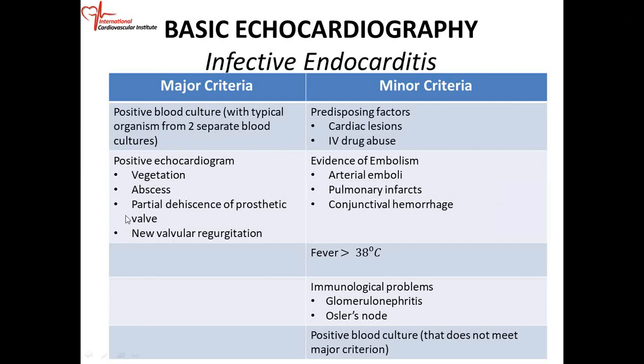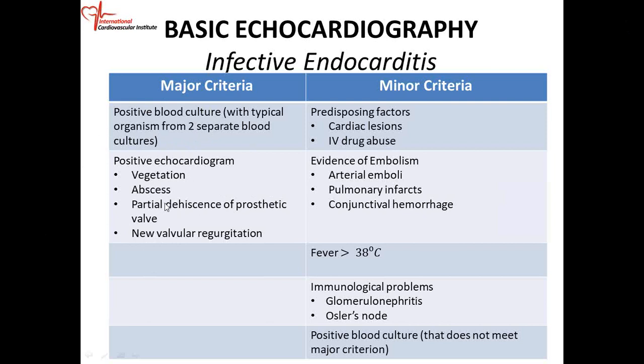And then the echo features, because of the definitions and infected material in the heart. So you look inside the heart, and the most common location is on the valves. So you can see vegetation, infected material building up on the valves, or the infection may eat away the tissue, causing abscess formation.